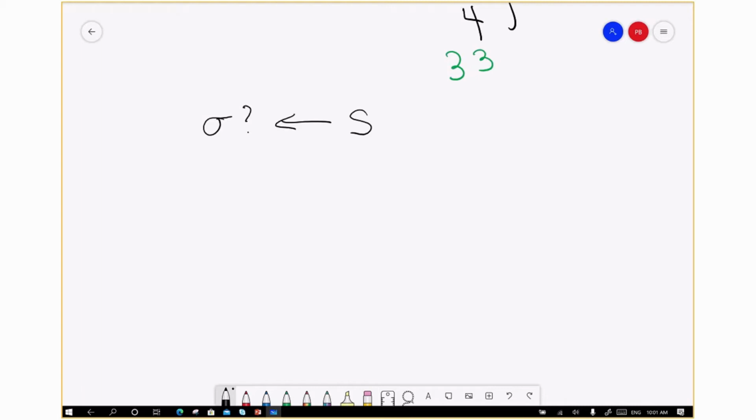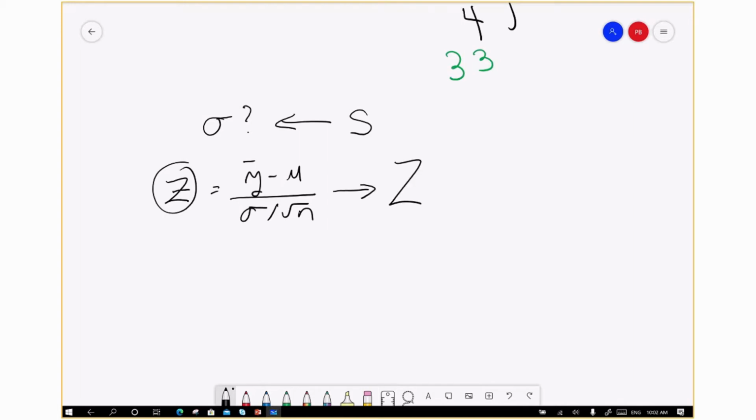It creates a problem because earlier on we showed that we could go out and calculate a z value, a lowercase z, as y bar minus mu over sigma divided by root n. And we decided that the set of all possible values of the little lowercase z, that would be the uppercase Z, would be normally distributed with mean 0, standard deviation 1, our standard normal distribution.